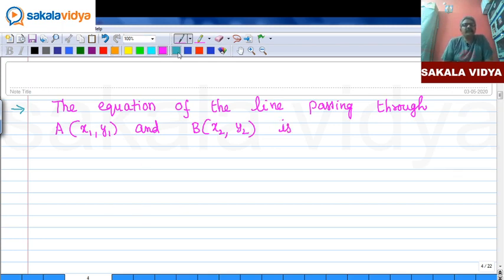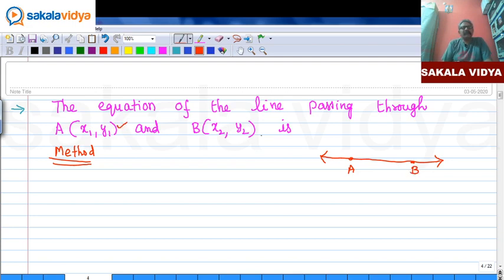This can be evaluated like this. This is the line equation you need to find out, which is passing through A point and B point, whose coordinates are given.